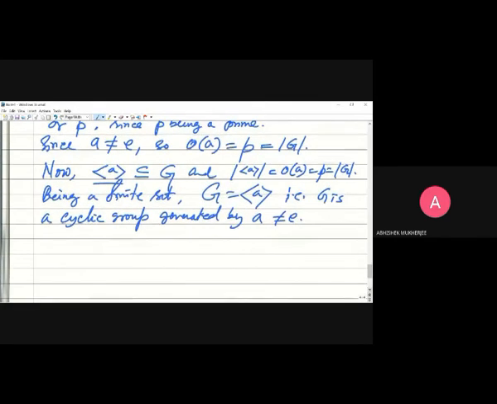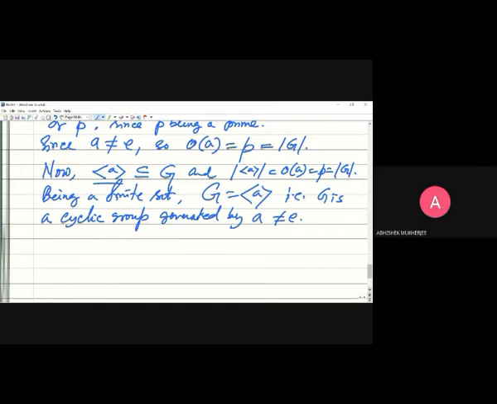So if you look at the proof, you will see that apart from having a cyclic group, you can have another more important feature: any non-identity element of that group of prime order is a generator of the group.